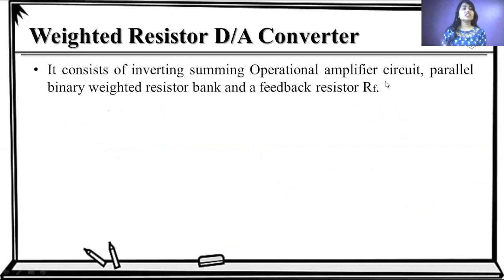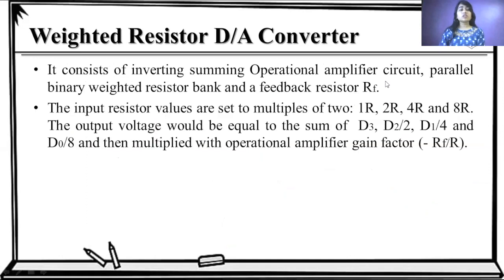Here is this weighted resistor. It consists of an inverting summing operational amplifier, a parallel binary weighted resistor bank, and a feedback resistor RF. The input resistor values are set to multiples of 2, that is 1R, 2R, 4R and 8R.